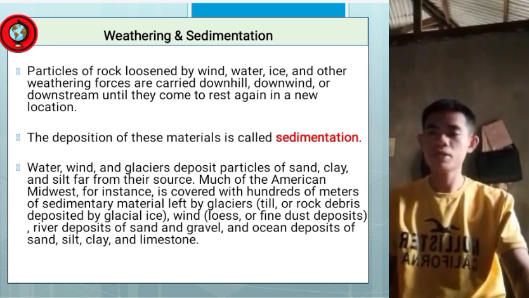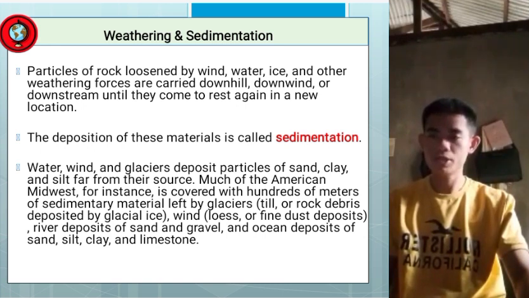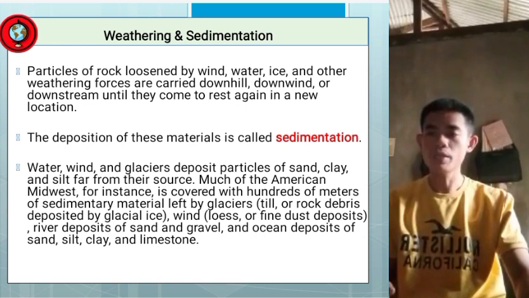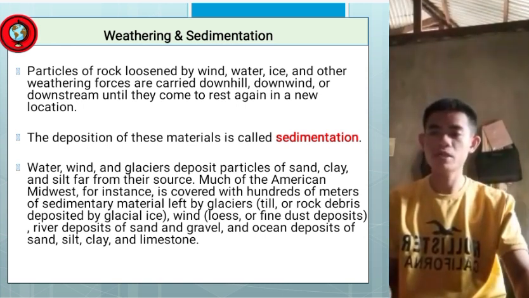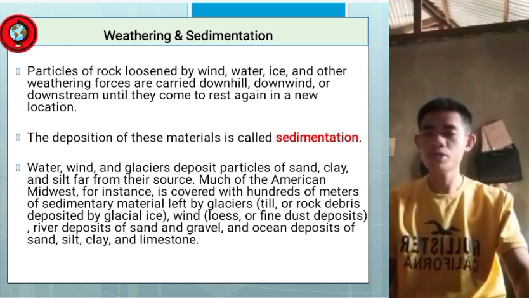Much of the American Midwest, for instance, is covered with hundreds of meters of sedimentary materials left by glaciers, which are rock debris deposited by glacial ice, wind-blown loess or fine dust deposits, river deposits of sand and gravel, and ocean deposits of sand, silt, clay, and limestone.